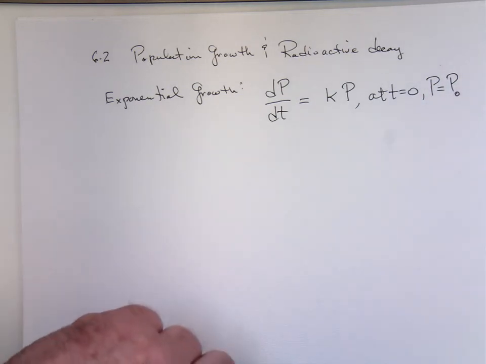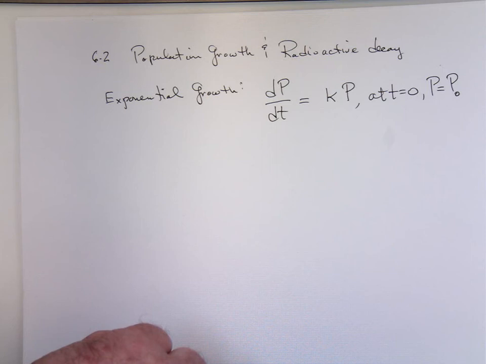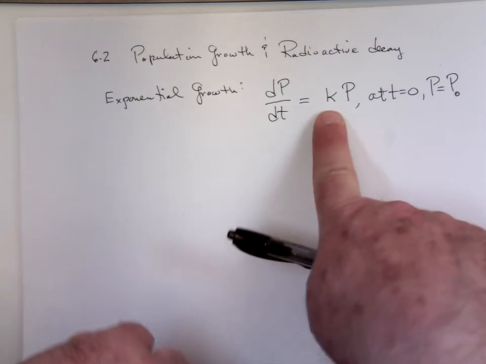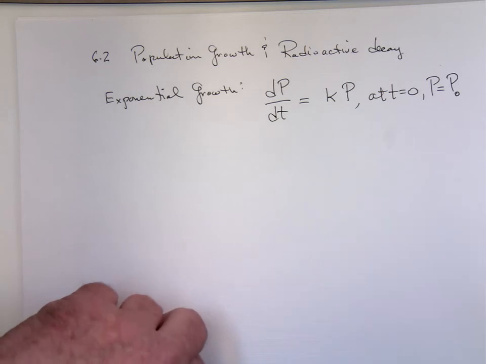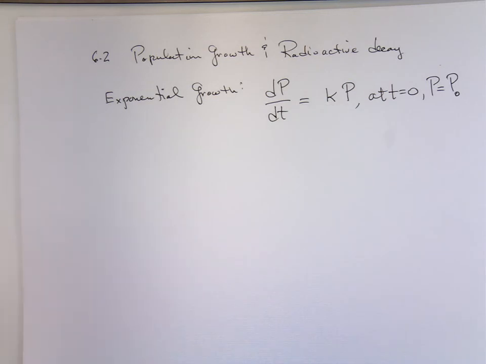This k typically is a percent. If you have a population of Staphylococcus growing in your throat at 5% per hour, that's compounded growth continuously. It's a continuous compounding. It's exponential growth.